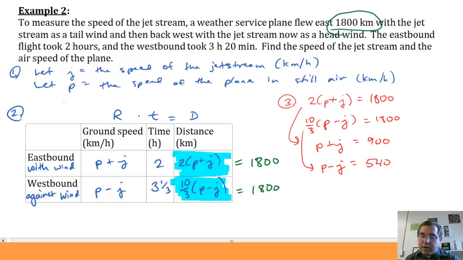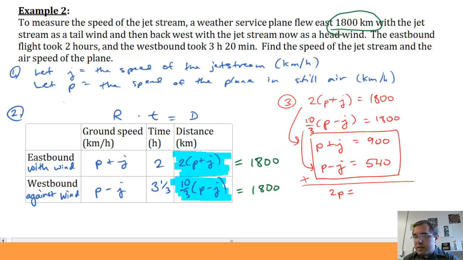That gives us two very nice equations that are easily solved by linear combination, because if we just add them together the way that they are, the J's cancel, we get 2P equals 900 plus 540, so 1440, which means that P is 720.